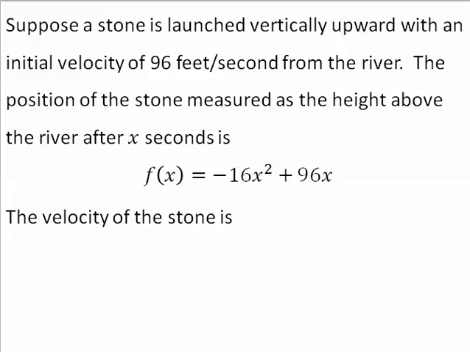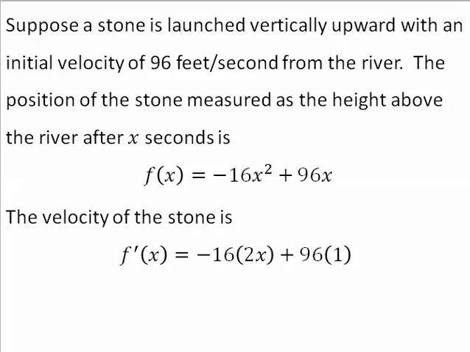We found the velocity in the last section using the definition of derivative. This time we're going to find the velocity again using the rules of differentiation. So the velocity of the stone, I used two rules here.